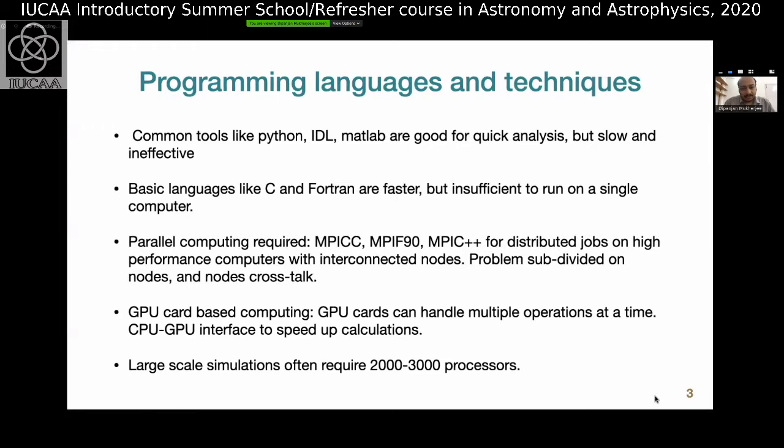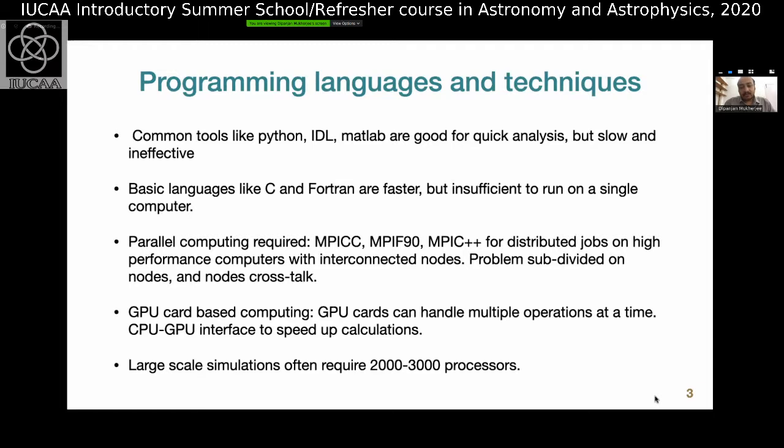For large-scale simulations, we usually use basic level languages like C, C++, Fortran, which are much faster. But again, these are still insufficient to run on a single computer.